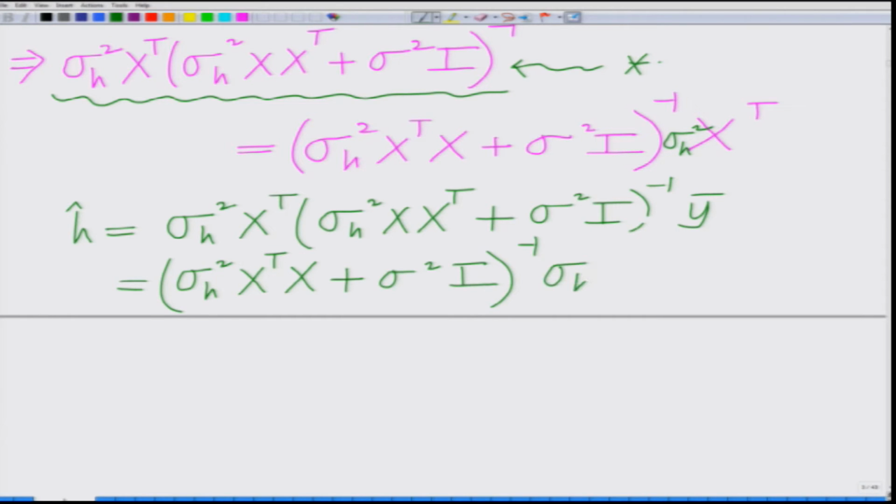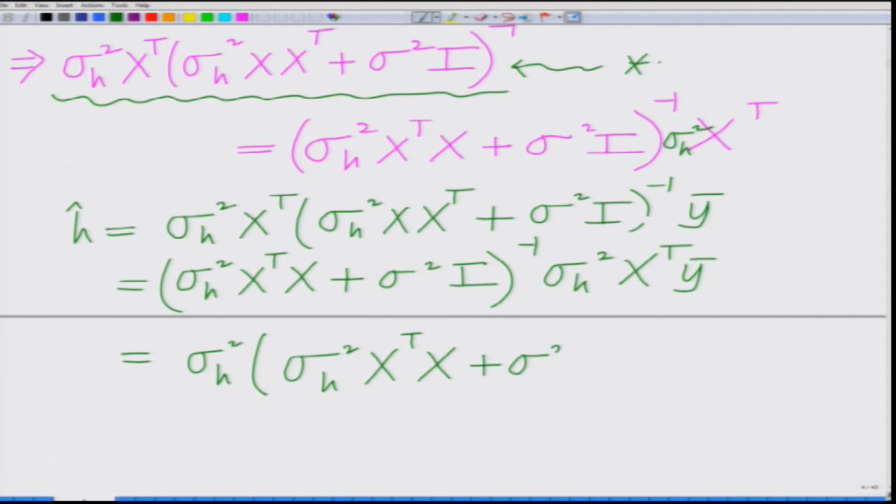So, sigma h square x transpose y bar. In fact, I can simply bring the sigma h square all the way to the left. I can write this as sigma h square times (x transpose x plus sigma square identity) inverse into x transpose y bar, that is your h hat, and this is the simplified expression.